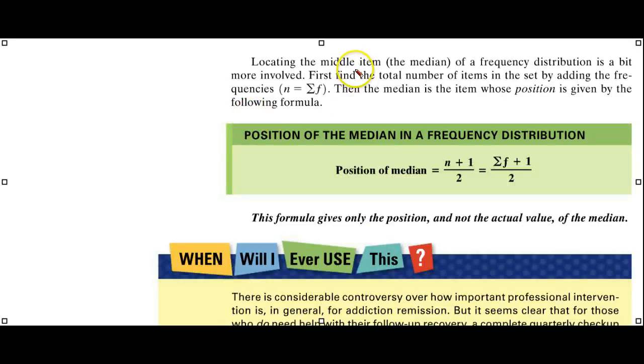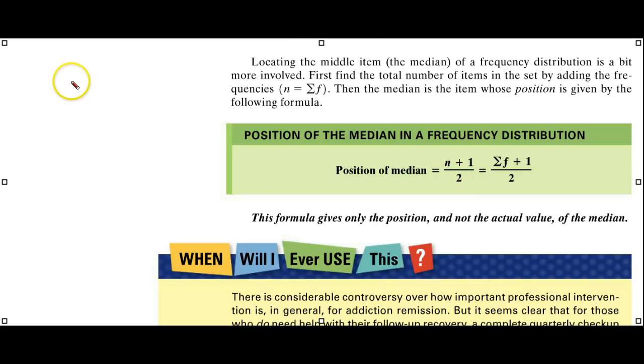Now, locating the middle item, the median of a frequency distribution, is a bit more involved. Here you have to find the number of items in the frequency, add 1, and then divide by 2. This will give you the position, and you would have to lay them out.